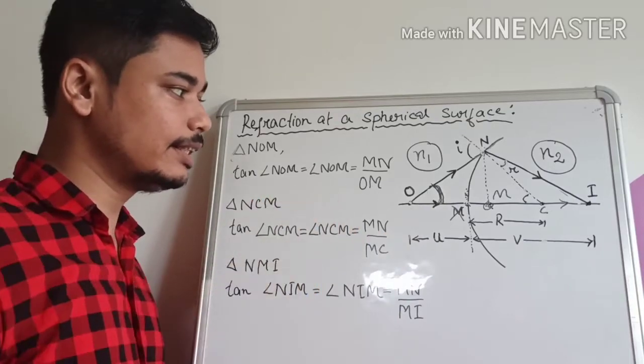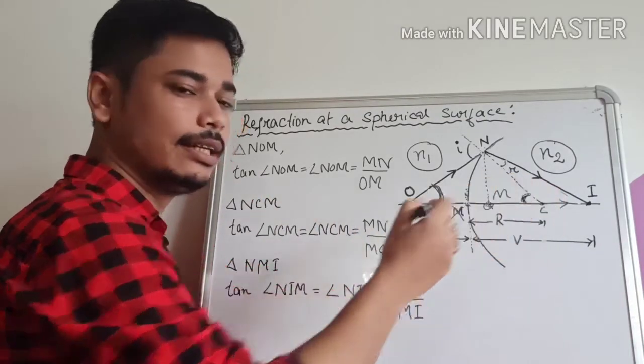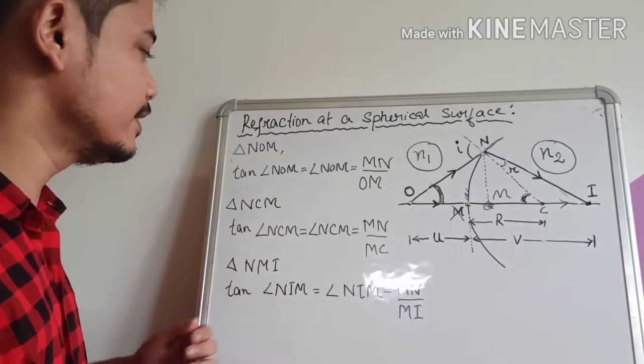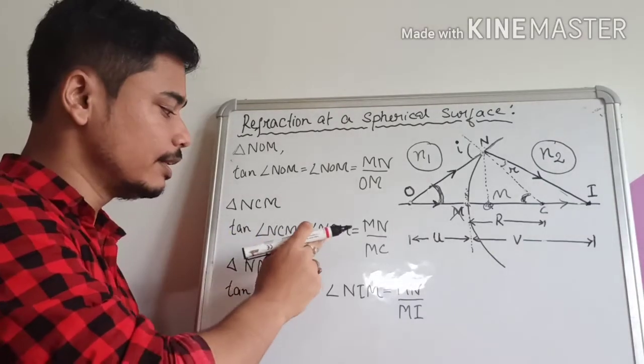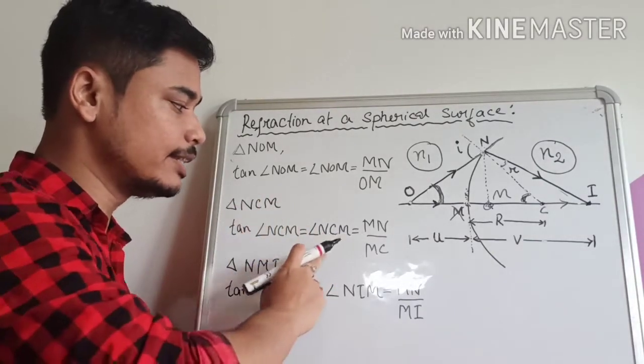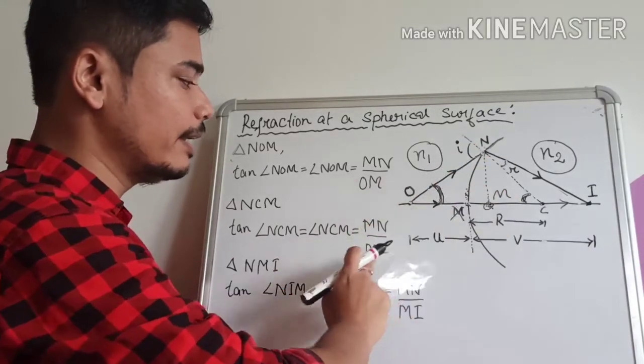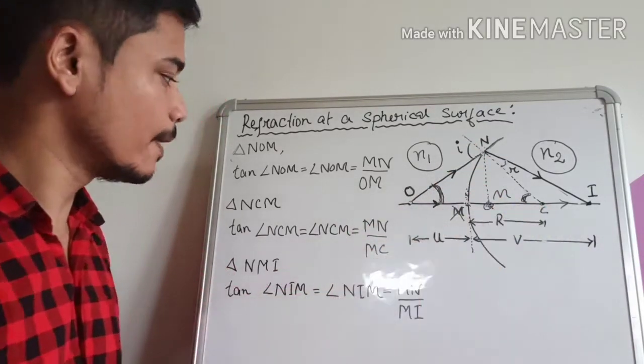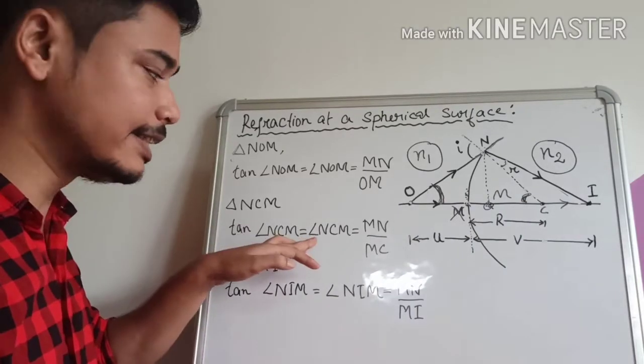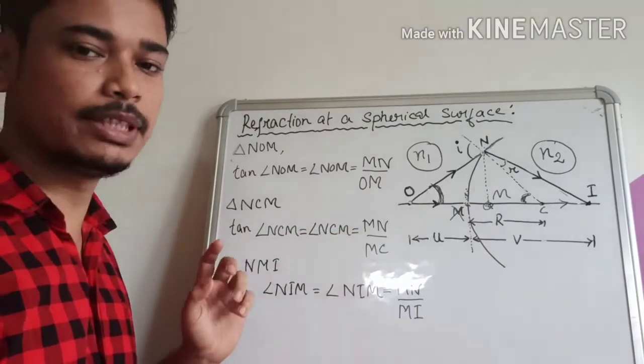Now we have considered this angle to be very small. So tan of NCM becomes angle NCM, and that is equal to MN divided by MC. Here MN is the perpendicular and MC is the base. So we get the value of angle NCM to be MN divided by MC.